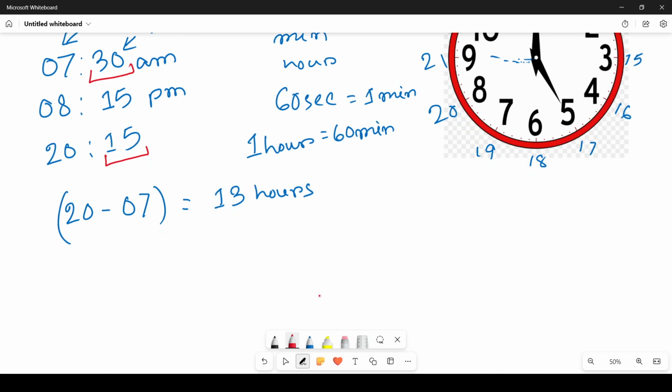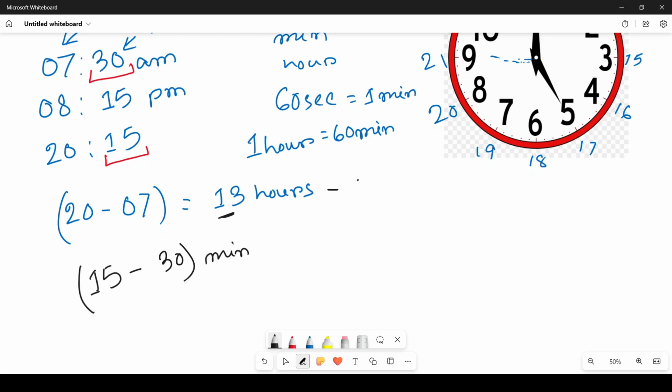Obviously if we try to subtract 30 from 15, will it give us any feasible answer? No. So what does it tell us? It tells us that the guy has started working at 7:30, after 30 minutes had passed since 7 o'clock. He didn't start at 7 o'clock. 30 minutes have passed and then he started his work. So it's not exactly 13 hours.